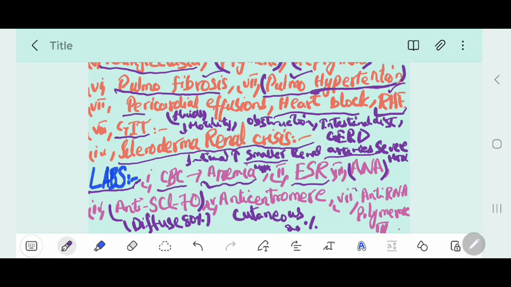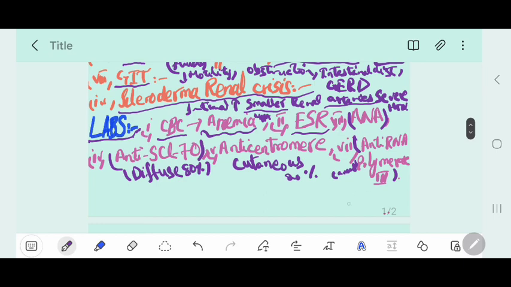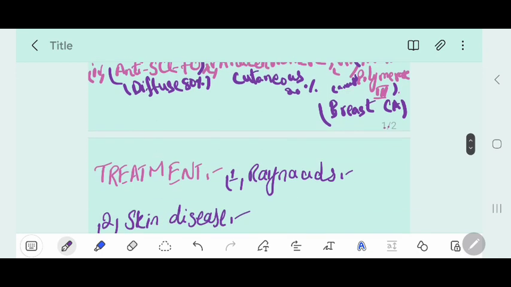Furthermore, anti-RNA polymerase 3 antibodies may be positive, and these are associated with solid organ cancers like breast cancer, etc.